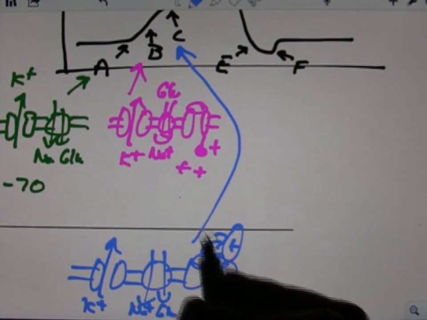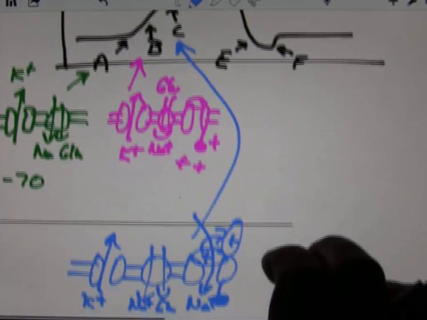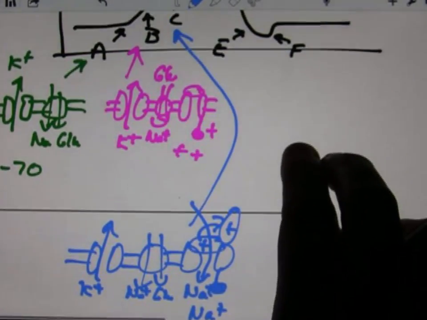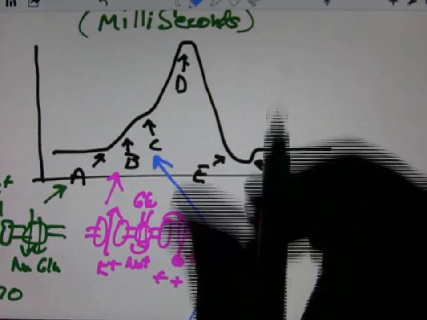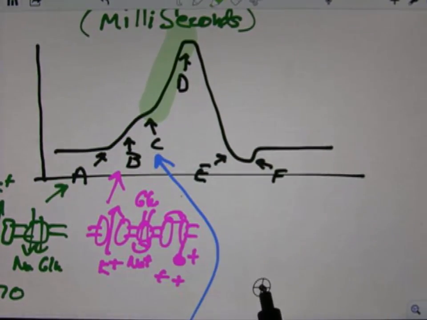And so when those pop open, we wind up with not just sodium coming in, but much more sodium coming in at a much higher rate. And at minus 45, that's enough to open all the voltage-gated sodium channels. So at C, we open all those channels, and that's what does the first half of our action potential.